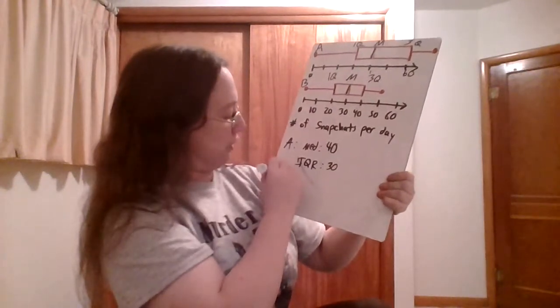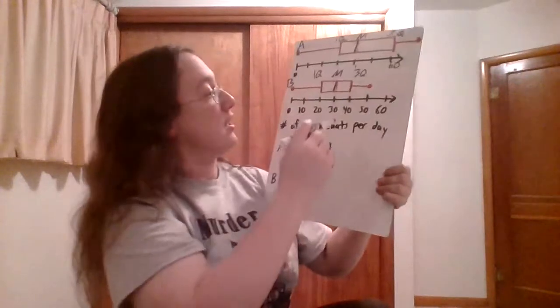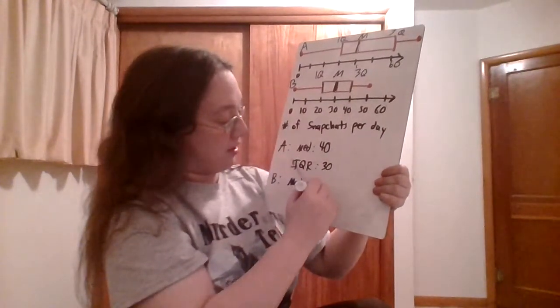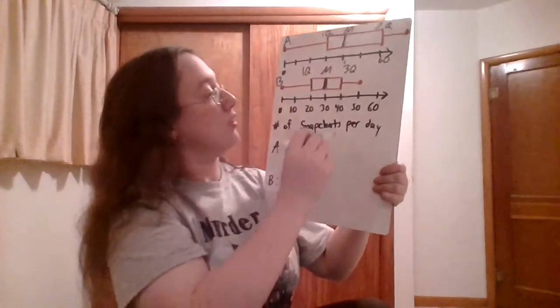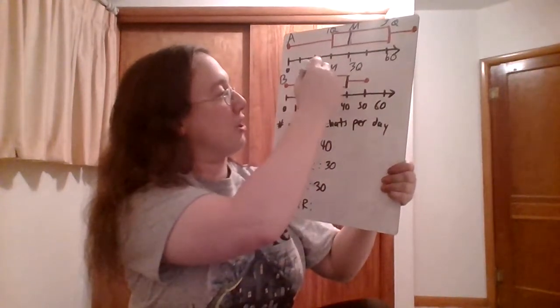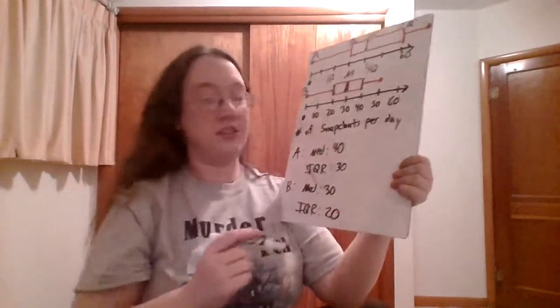Okay, if we're looking at group B, our median is 30. And our interquartile range is our third quartile, which is 40, minus our first quartile, which is 20. 40 minus 20 is 20.